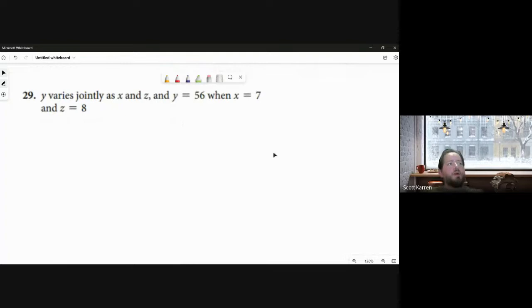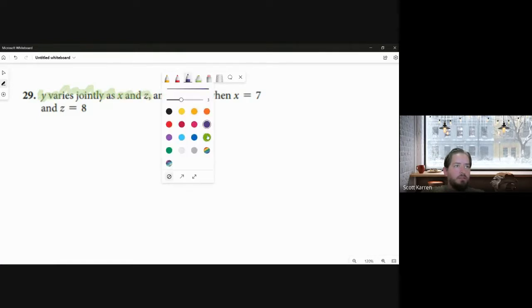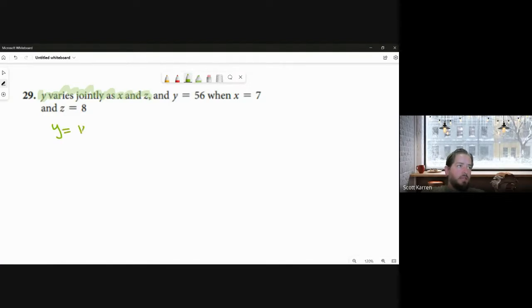All right, so here we have y varies jointly as x and z. So that first bit right there, y varies jointly with x and z, that tells me that I have the equation y equals k times x times z. Okay. And I know this guy right here, if it tells me y is 56 when x is 7 and z is 8.